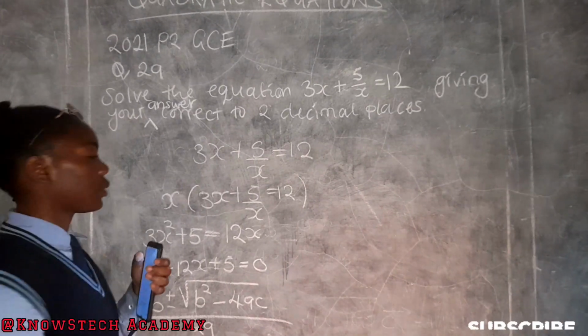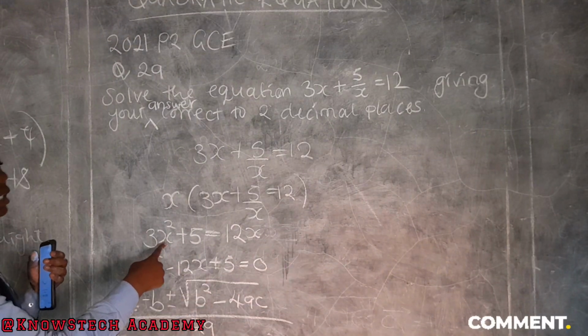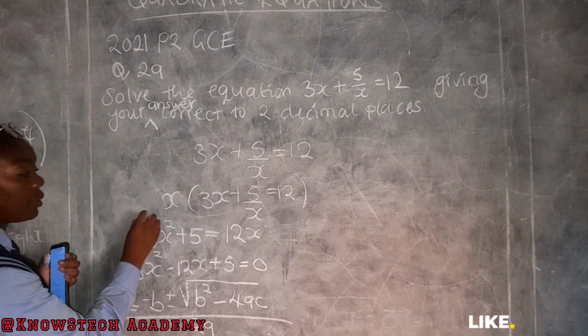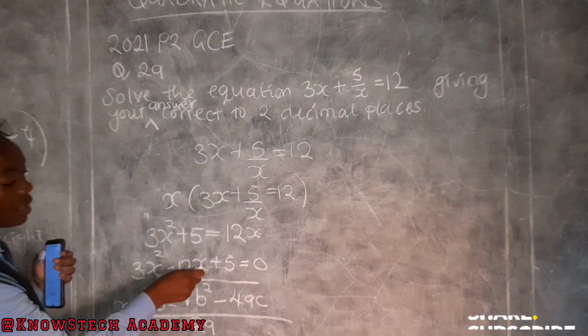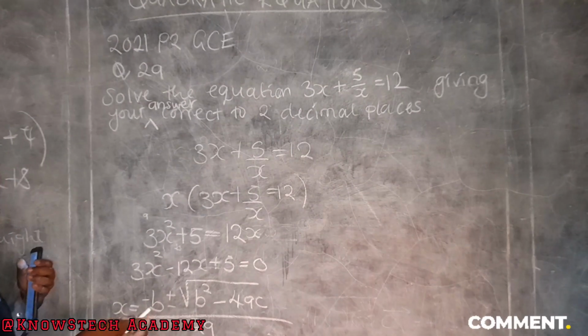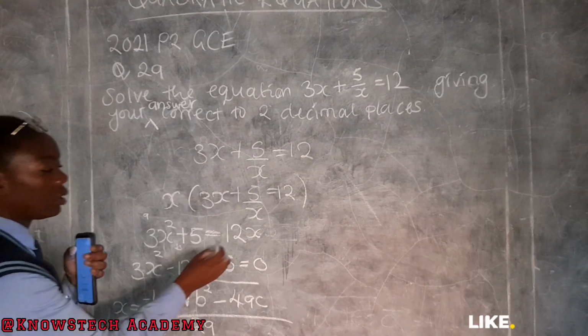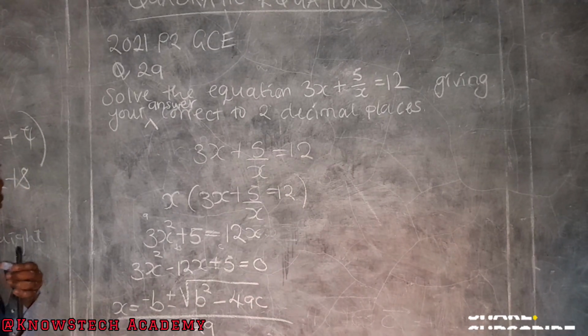So what we're going to do is that 3x squared is representing a on the formula. Then 12x is representing b on the formula. Then 5 is representing c on our formula that has been written down over here.